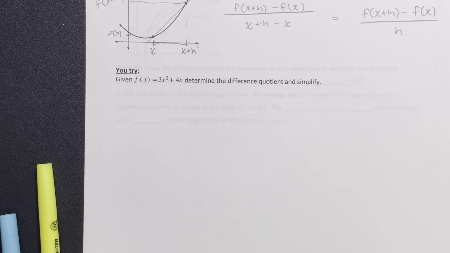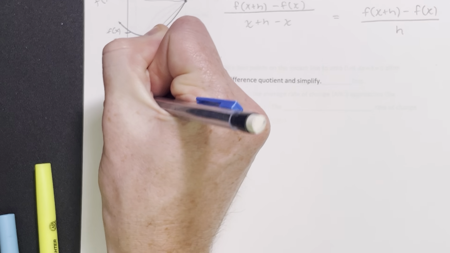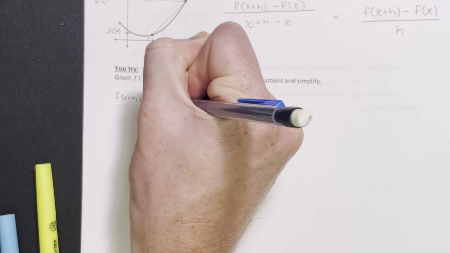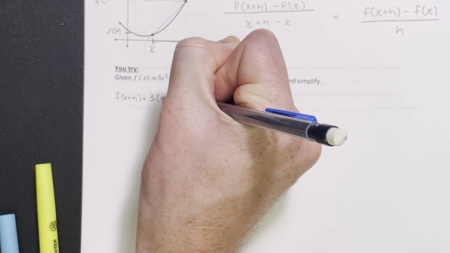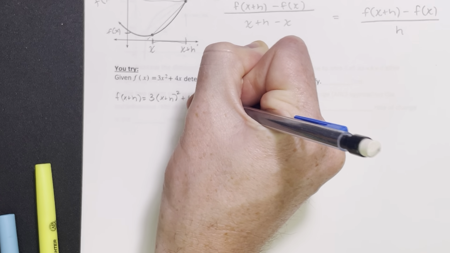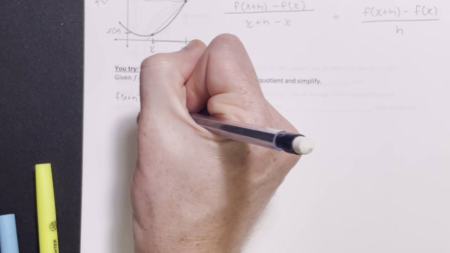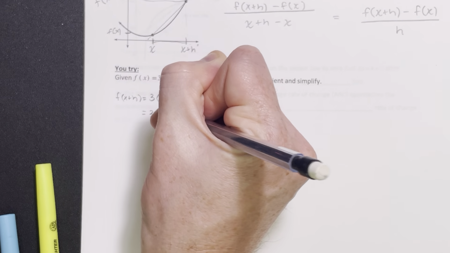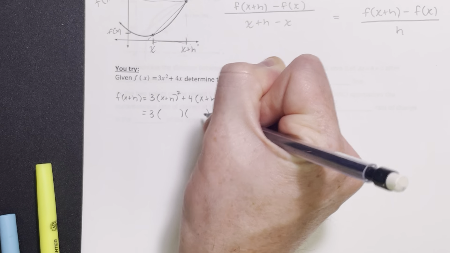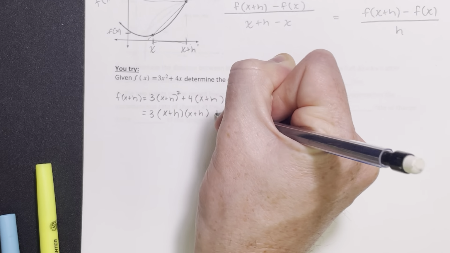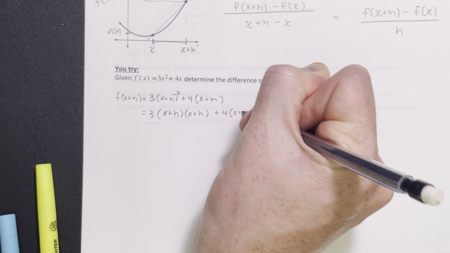All right, so I would start out with f of x plus h. We have 3 times x plus h squared plus 4 times x plus h. Because we have something squared, we need to write it twice. So 3 times x plus h times x plus h, plus 4 times x plus h.